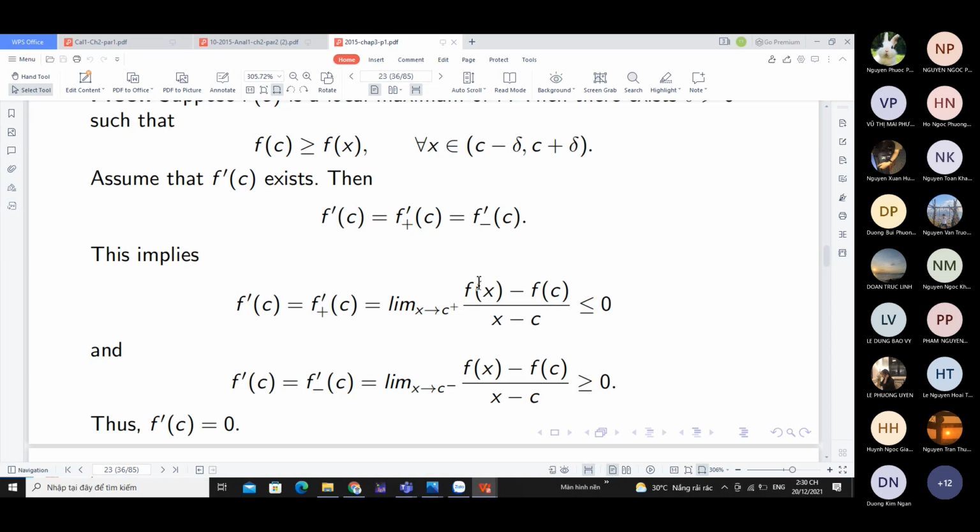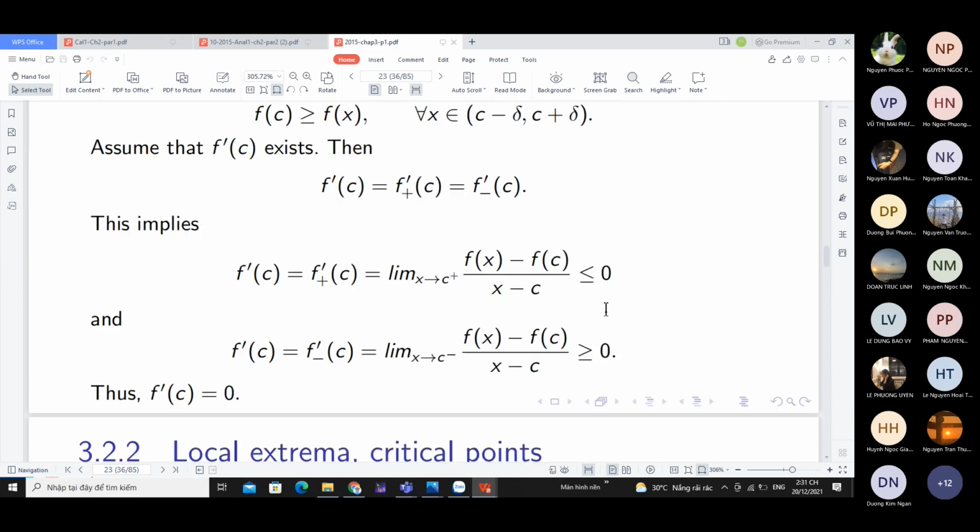That's why the quotient (f of x minus f of c) over (x minus c) is negative or equal to 0 when x is close to c. And that's why the limit of this quotient when x approaches c from the right gives you a negative number or 0.